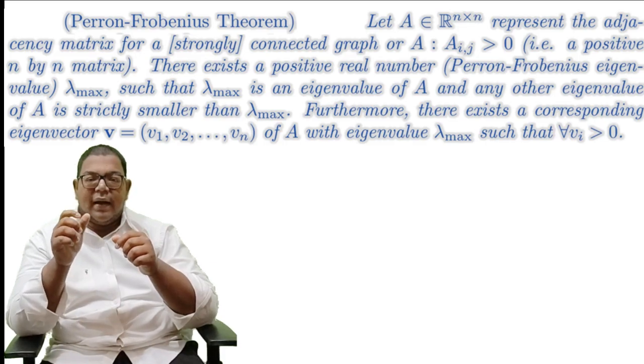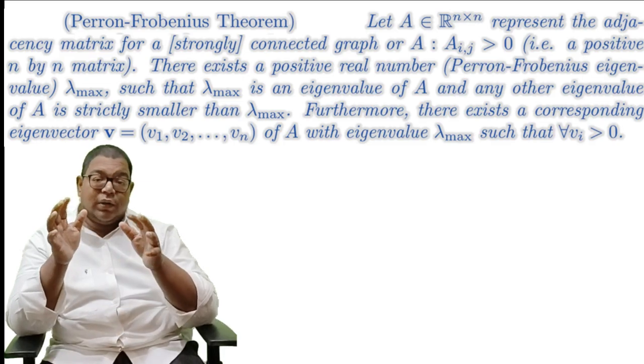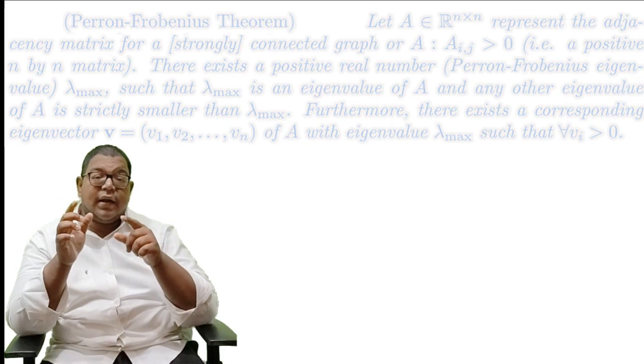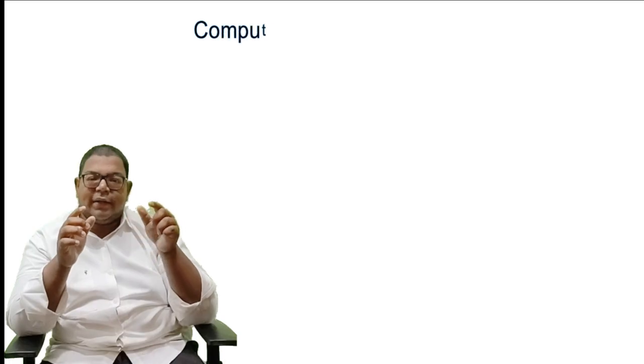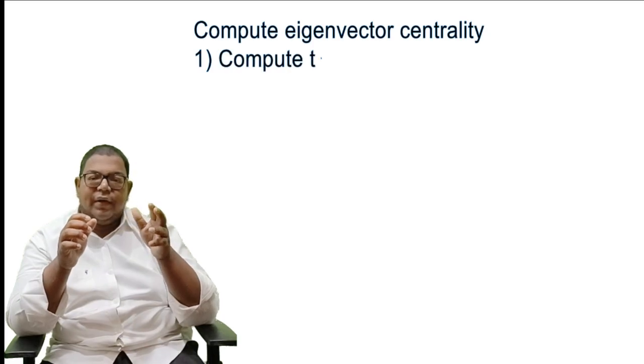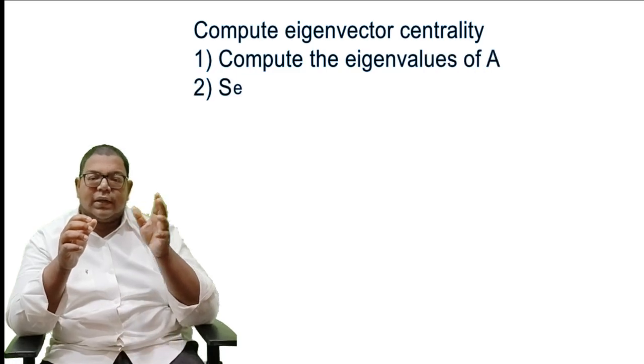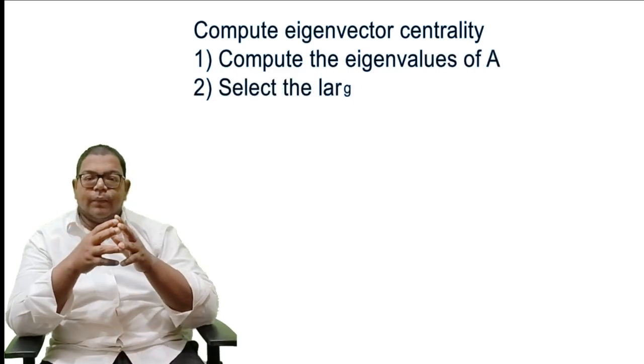How do we compute the eigenvector centrality of the adjacency matrix A? First, we compute the eigenvalues of A and select the largest eigenvalue lambda among all of them.